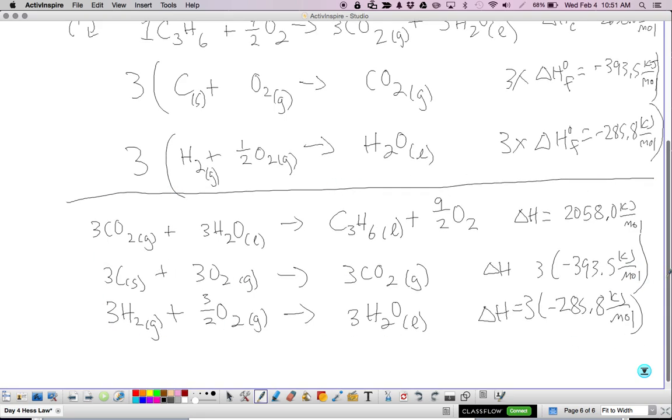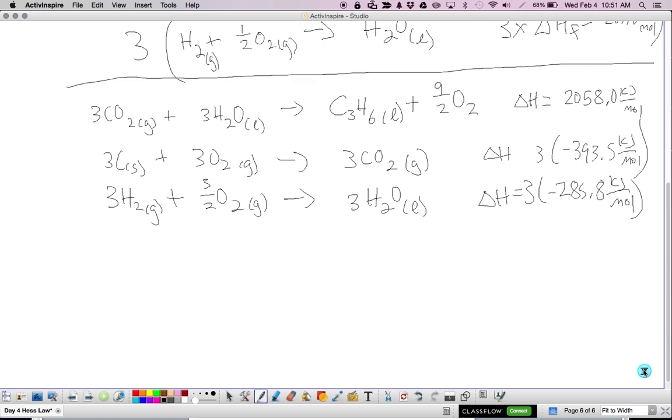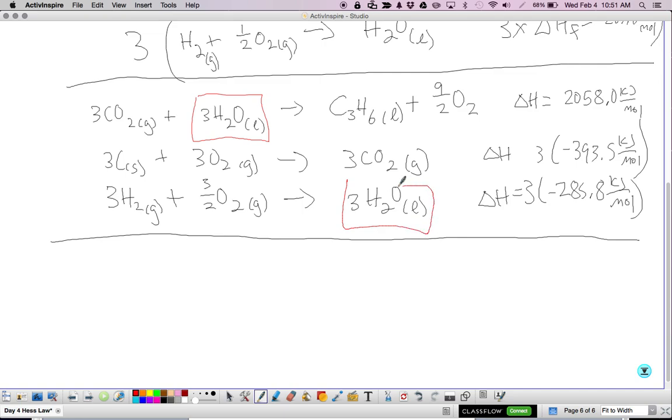Now I can collect like terms, look for stuff to cancel out, and in general just solve the problem. Here's a water that cancels out with this water. Here's 3 CO2s that cancel out with these 3 CO2s.